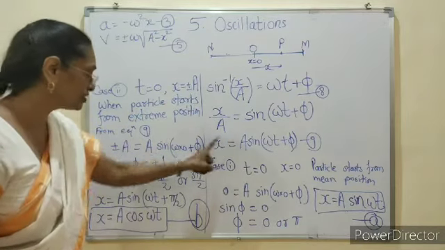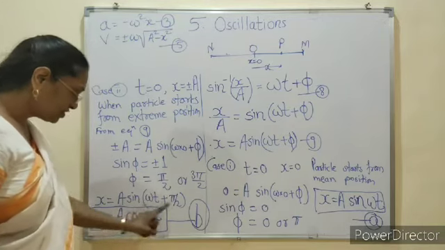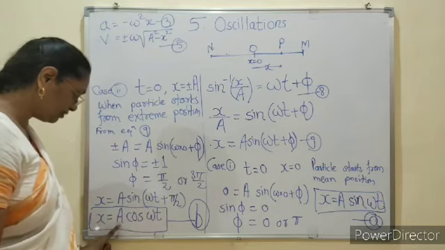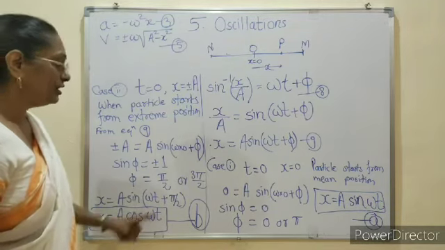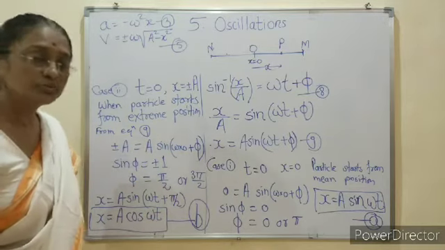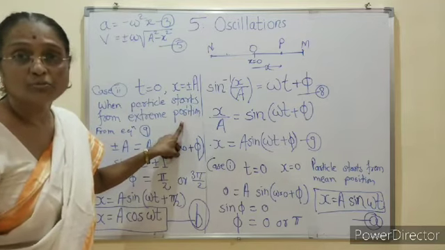Substitution in equation 9 gives phi is equal to pi by 2. Adjusting by trigonometric identity, we get x is equal to a cos omega t. This is the second modified equation for the displacement when the particle starts from extreme position.